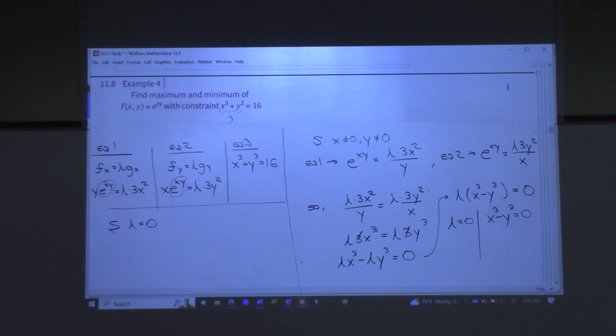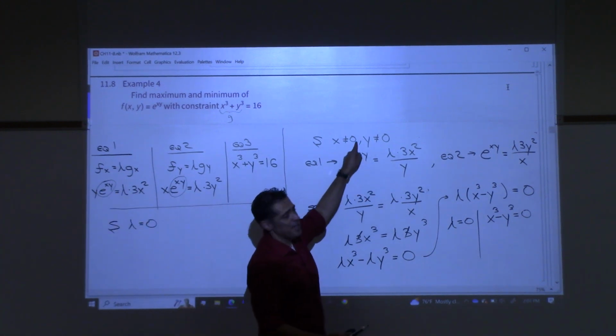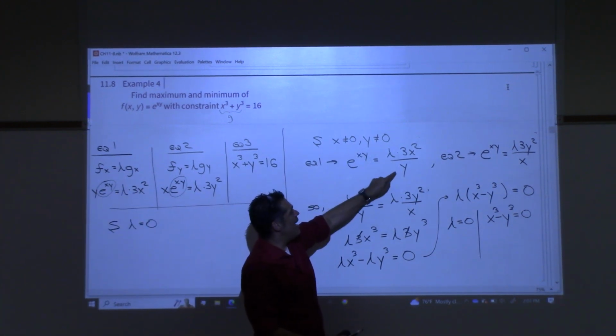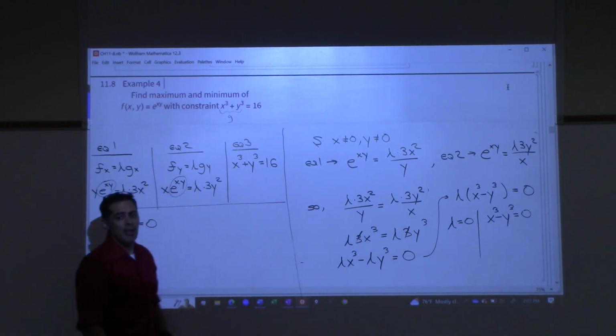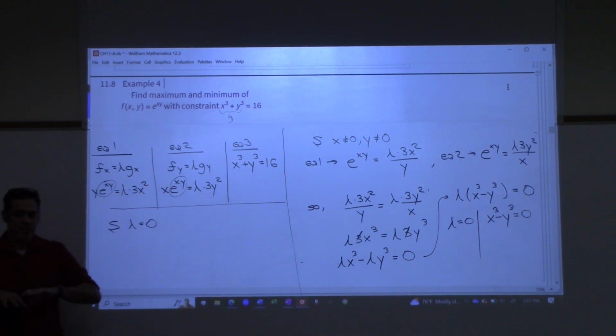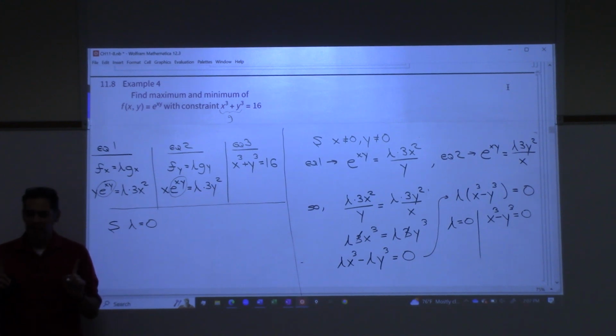Even if we haven't checked the zeros in the beginning, could we have still said that lambda can't be 0 because we started with y in the denominator? Well, we can't start with y in the denominator unless we say this, right? We couldn't have done that step unless we stated that. So right now, we are living under this umbrella that x and y are both not 0.